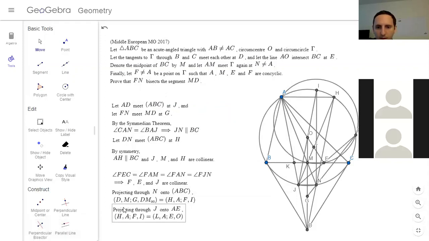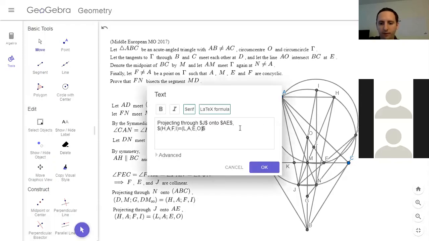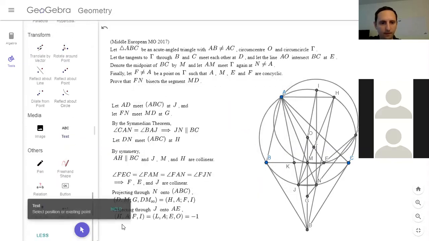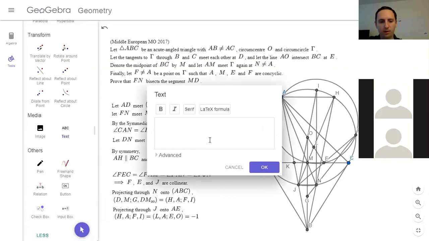And then that's equal to -1 since MO bisects angle AML and angle OME is 90.